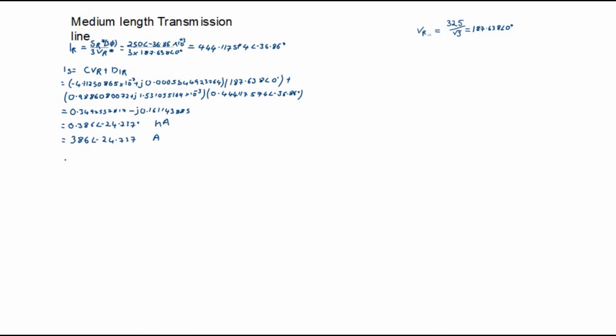Now let's calculate the sending end voltage Vs. This is equal to A times VR plus Z times IR.